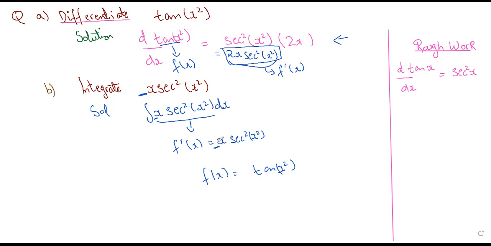And in our question, we do not have this 2. So we need to modify this function such that I get this as my derivative. So what would be that modification?